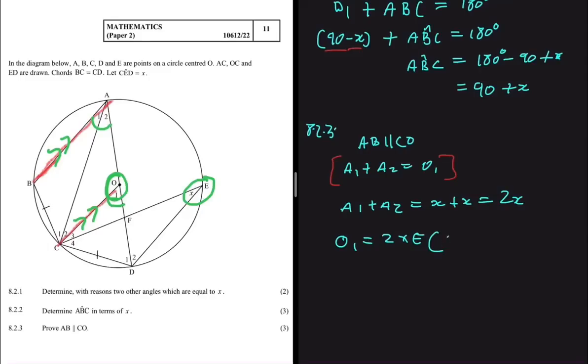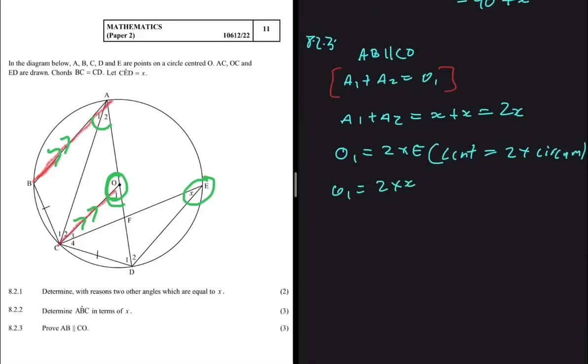So now we have O1 being equal to 2 multiplied by x. So now A1 plus A2 is indeed equal to O1 because they're both equal to 2x. And by saying that, we've essentially proved that our line AB is parallel to CO.